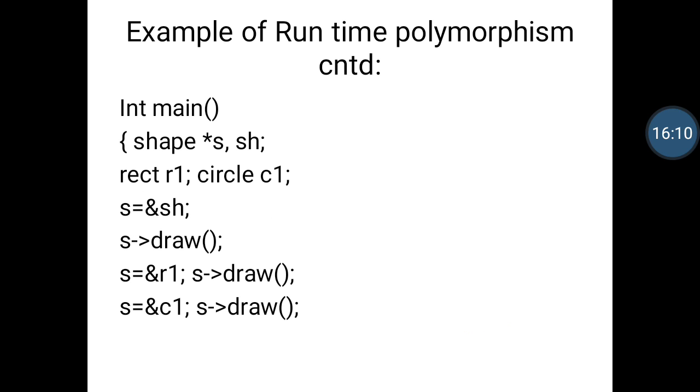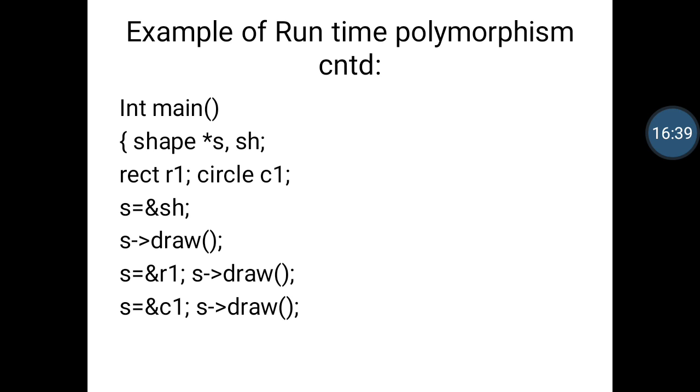Then in main I'm going to use the pointer for the class. Whenever we are using virtual functions, we have to use the class object pointer for that. So here shape pointer s is the object pointer, and sh is an object of the shape class. Then I declare objects for the rect class and the circle class: r1 for rect and c1 for circle.